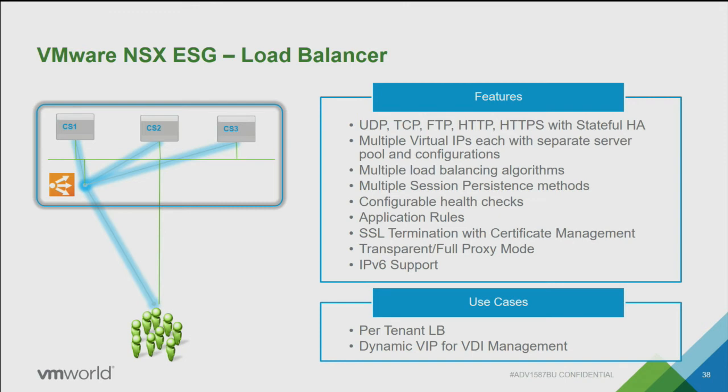So this allows you to have a per-tenant load balancer. As you scale out your Horizon infrastructure for different tenants, sites, or groups within your data center, you can utilize Edge Services Gateway without having to implement a physical load balancer appliance for each group or tenant.